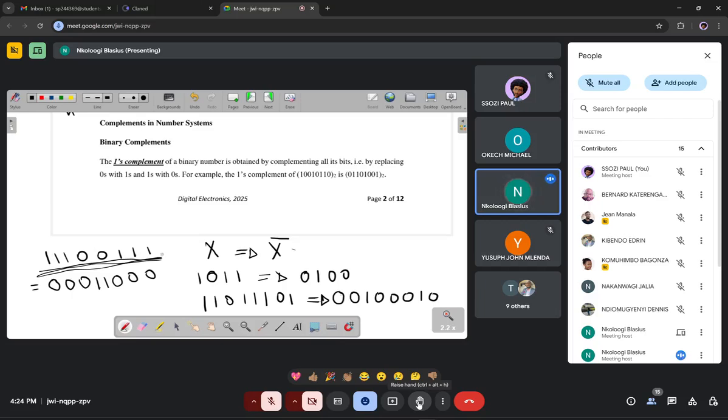Yeah. So the rule is that if you want to make a ones complement of a binary number, you complement all its elements, all its bits. So to complement something, like I said, if you had a number x and you want its complement, just invert it. The bar that I wrote here just shows that I've inverted it, okay? So when you invert a 0, it always goes to a 1.